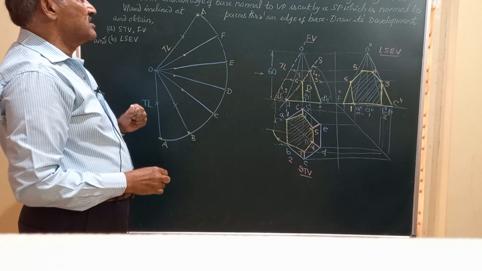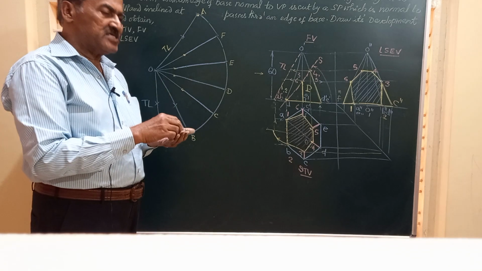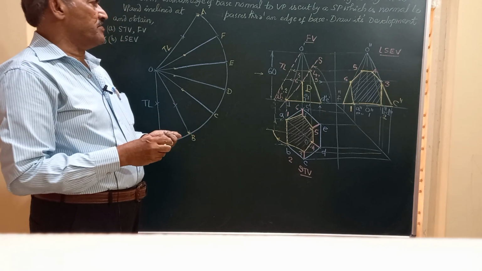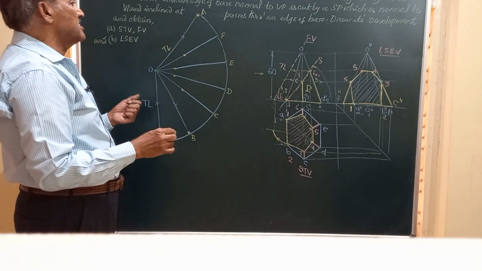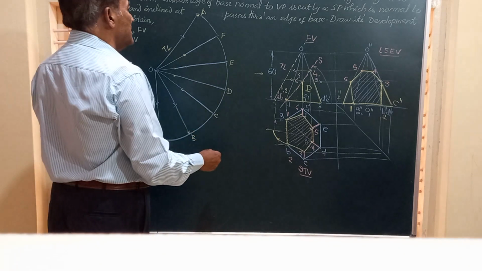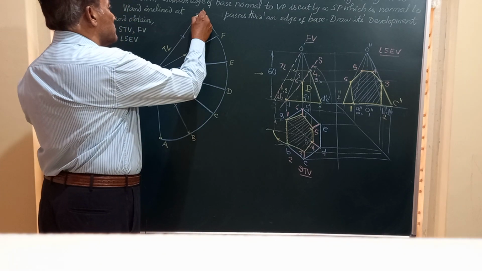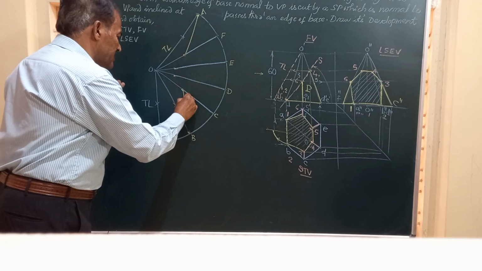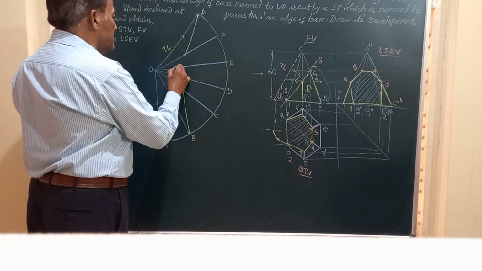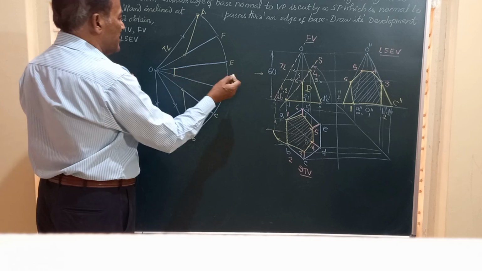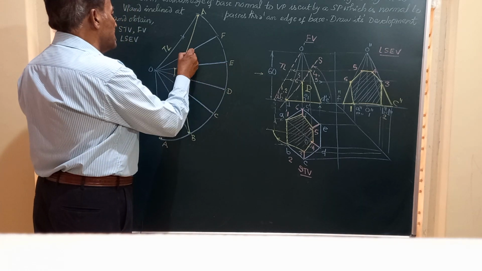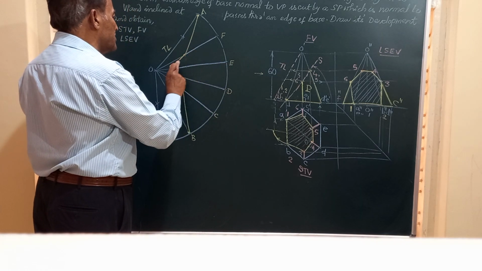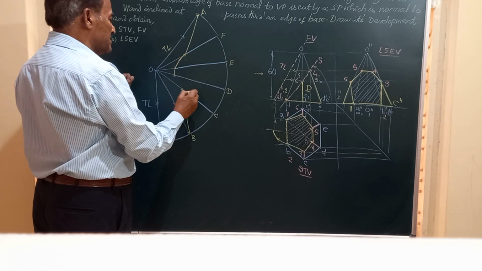And friends, here, whatever points you have got in the development are to be joined by straight lines. Before that, let me join this point A to this point, this is parallel to X, whatever it may be, and I have joined all the points I have got by straight lines.